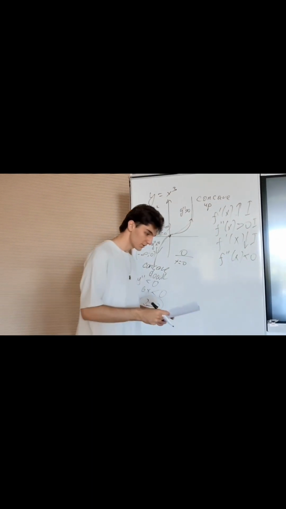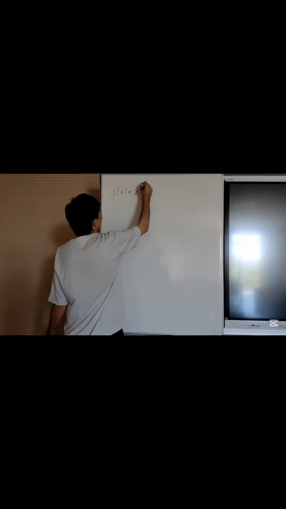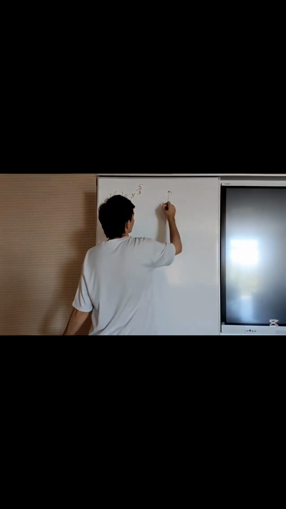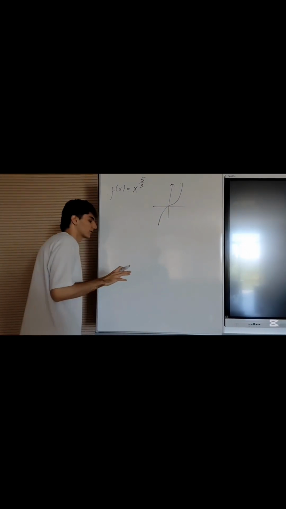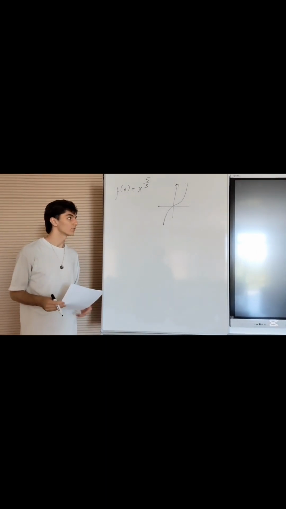For example, let me clear the whiteboard really quick, in the case of f(x) equals x to the power of 5 over 3. Let me sketch the graph real quick. It's similar to y equals x cubed, because both of them are odd functions.